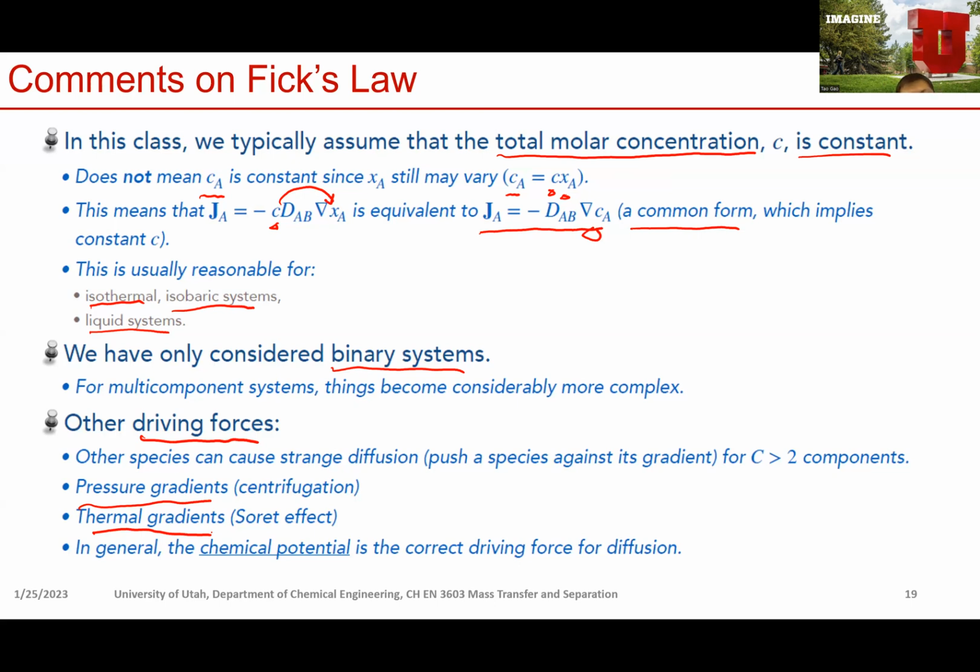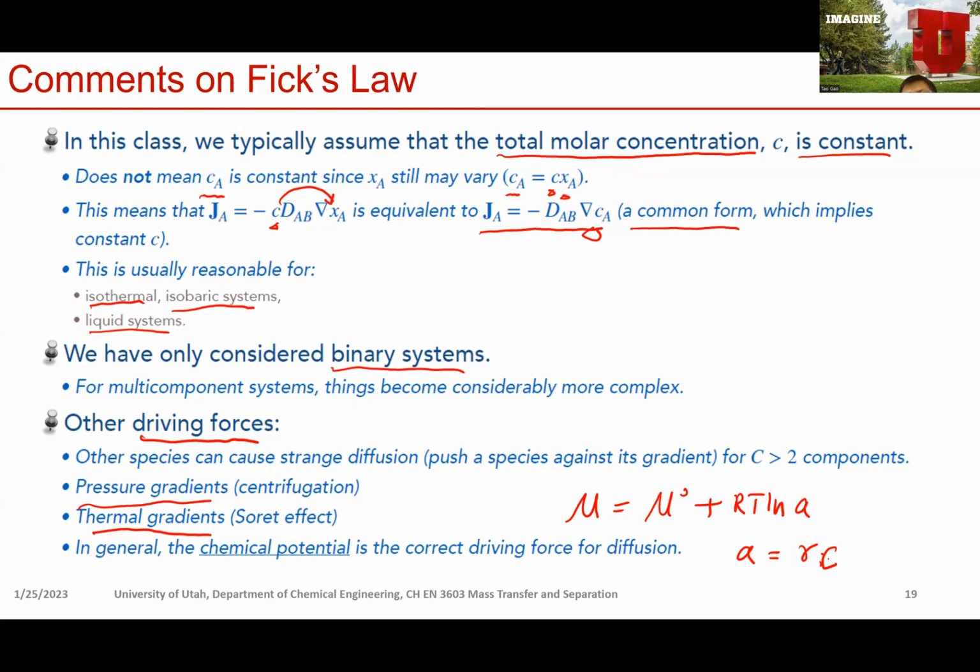So in general, chemical potential is the driving force for diffusion. I think you will deal with chemical potential in your thermo class. But in review, chemical potential, by definition, is the summation of a reference state plus RT log a, where a is the activity, which can be further broken down into the activity coefficient times concentration, right?